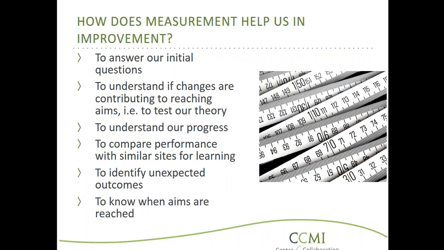It helps us understand our progress, and it compares performance with similar sites so we can learn from other sites. It helps to identify unexpected outcomes. I read in the literature that A leads to B, but when we tested in our system, A leads to C. So measurement is very important in letting you know what's actually going on in your system. And it lets you know, obviously, when your aims are reached.